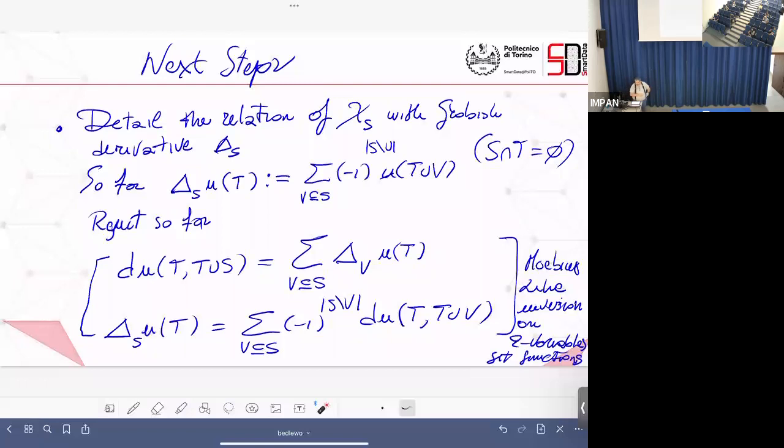If S and T are disjoint, it is a sort of Möbius transform, but not exactly, it's very similar. This is the definition of the derivative. And now you can see that this derivative has an invertible relation with the differential, and using that we have some formulas relating Shapley with the interaction index and other things.